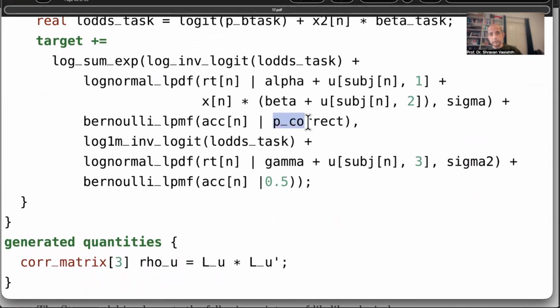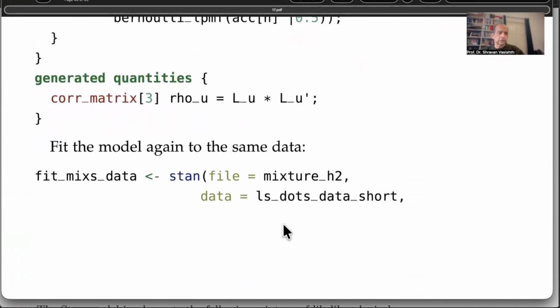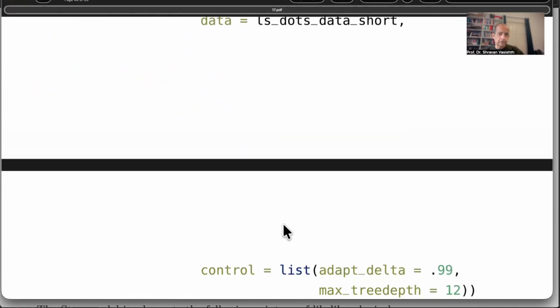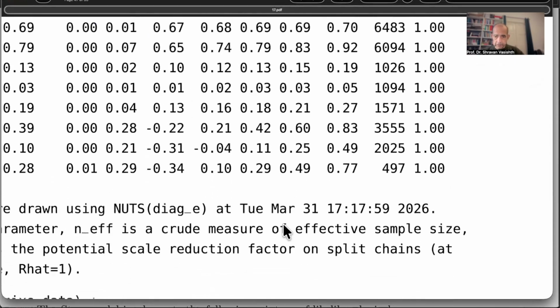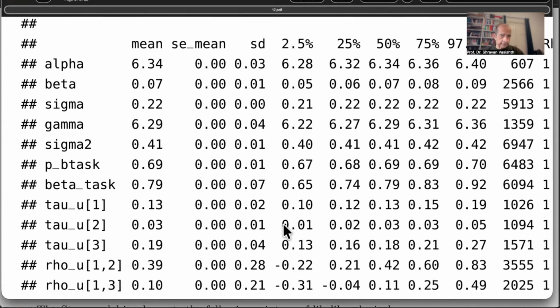This is where the 1 will turn up in the Bernoulli, in the task engaged case, right? When you're task engaged, accuracy will be 100%. All right, so everything's the same. We set up, we run the model, and this time everything converges, right?